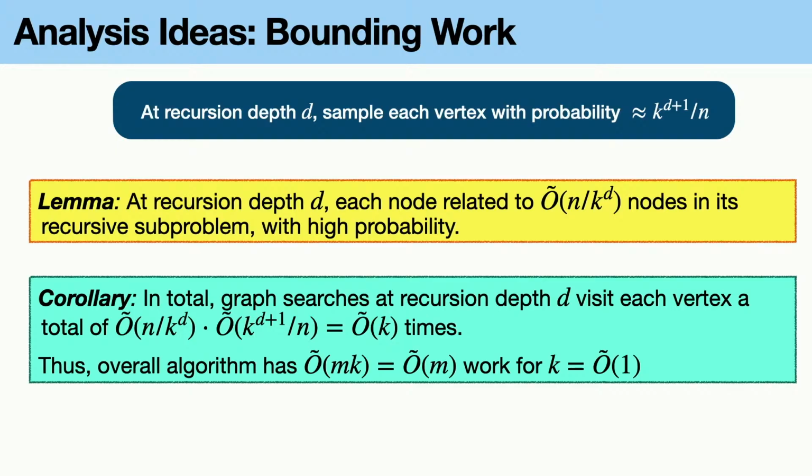So this is the number of pivots that end up searching to that vertex. So each vertex is not visited by very many of the graph searches, which means that the overall running time is going to be linear times k, which is linear if k is like a polylog. Okay. So that's the idea there.